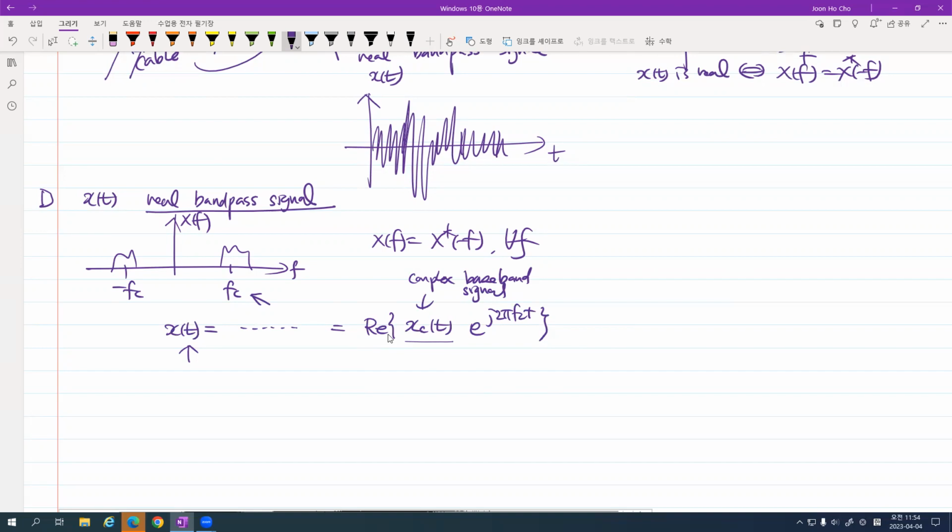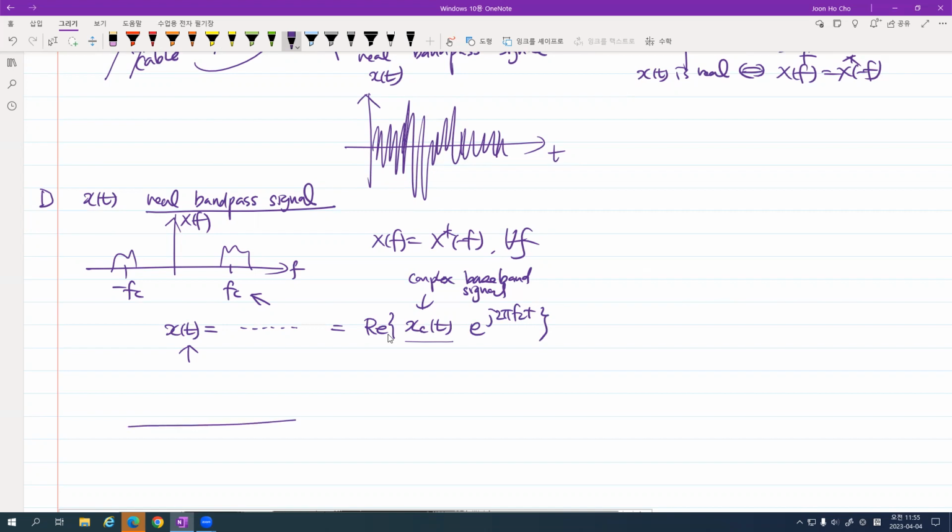What is important is this: we are radio engineers, most of you, and we have to deal with real bandpass signals anytime. What does this equation mean? If you choose a center frequency, then there exists a complex baseband signal that satisfies this equality.